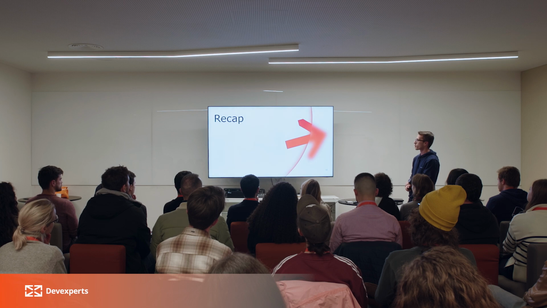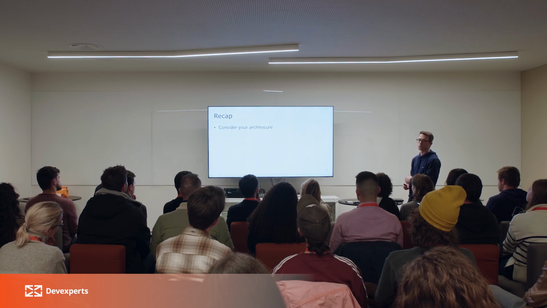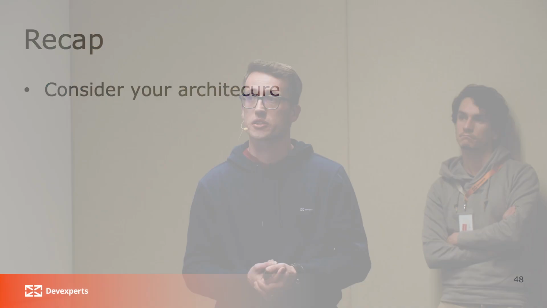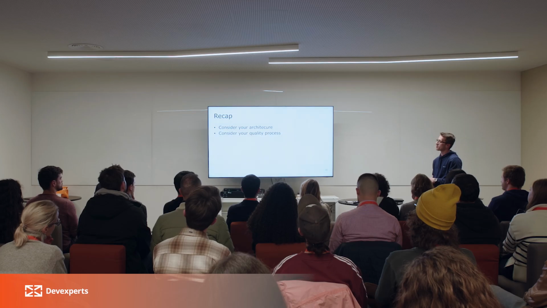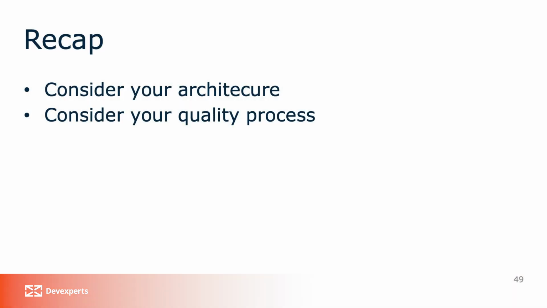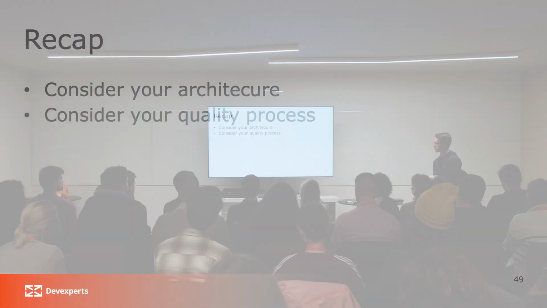So just to quickly recap, we went through how important it is to consider your architecture and the challenges that we have when defining an automation strategy based on your current architecture. How challenging it is as well to define your automation strategy based on your quality process.